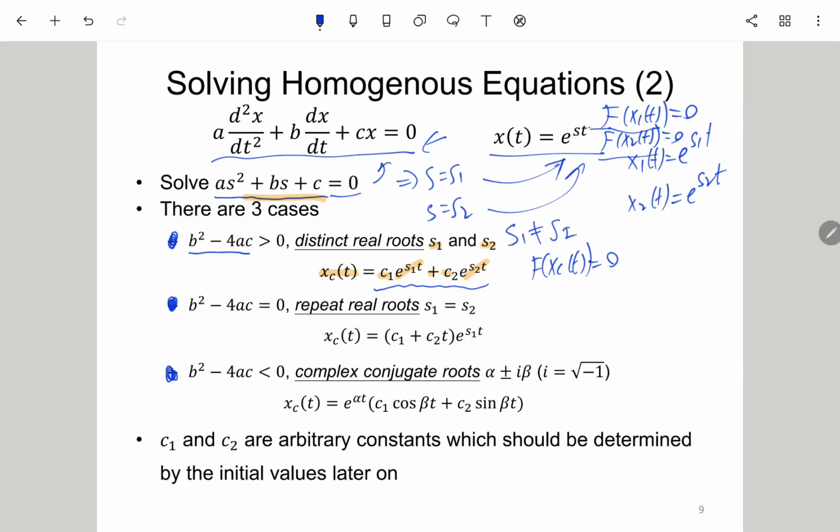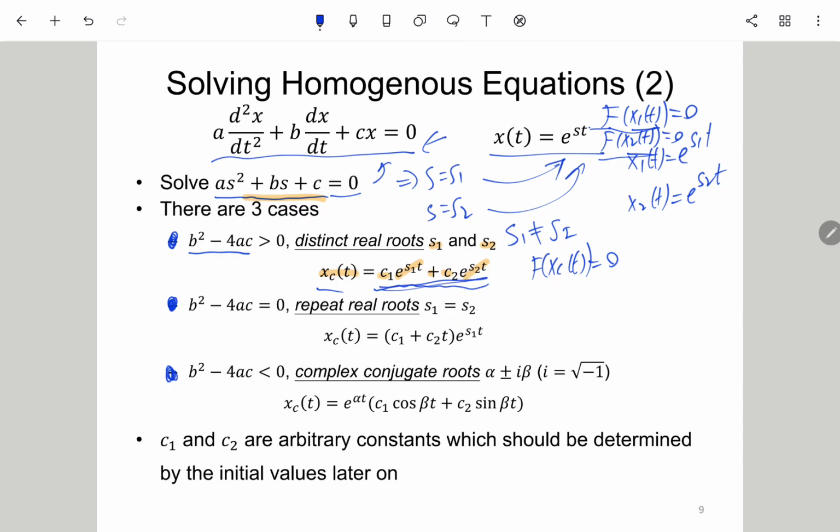So if x1(t) and x2(t) are solutions to the original homogeneous equation, then this general form is also a solution.